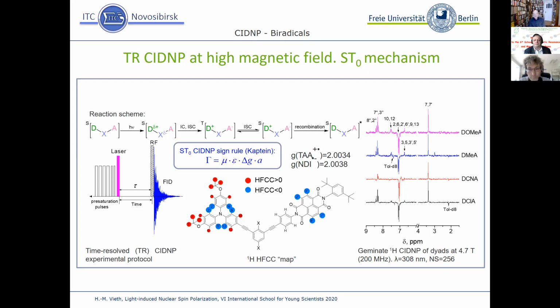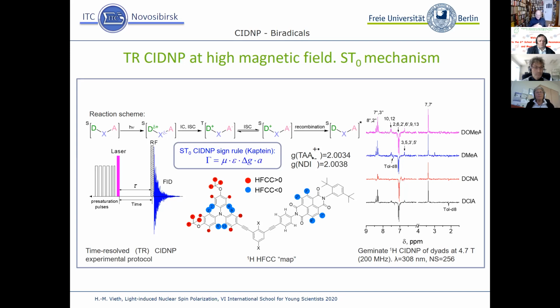So that depends really on how you start your reaction. There are so many different reactions, but of course, what's important is that the triplet state lives long enough that an electron transfer process is possible. That's for the starting triplet.